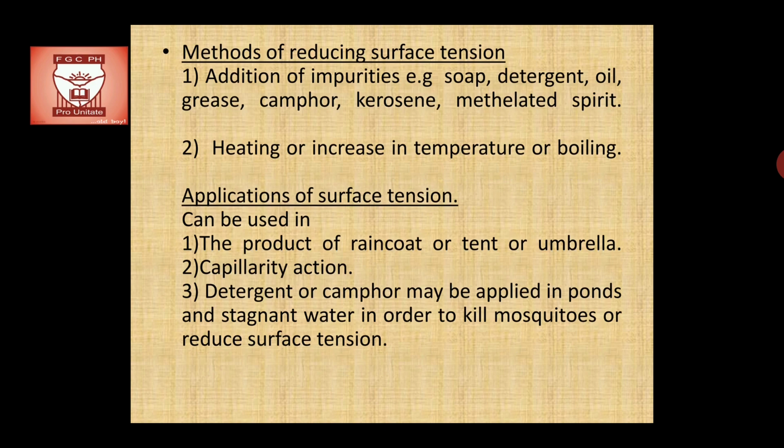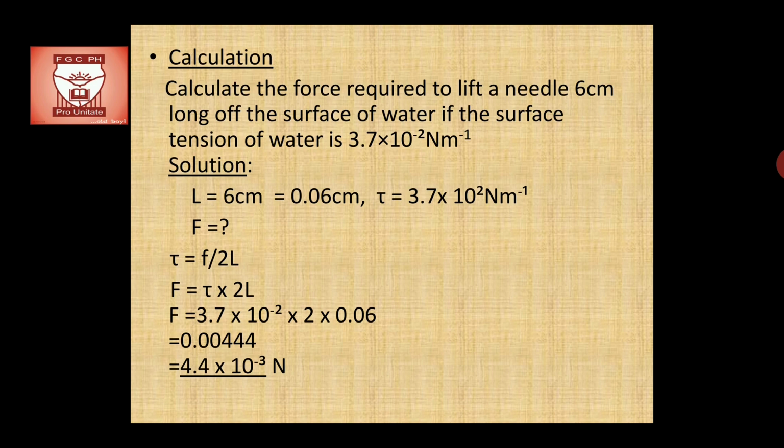Number 2, capillarity action. Number 3, detergent or camphor may be applied in ponds and stagnant water in order to kill mosquitoes or reduce surface tension. So these are the applications.